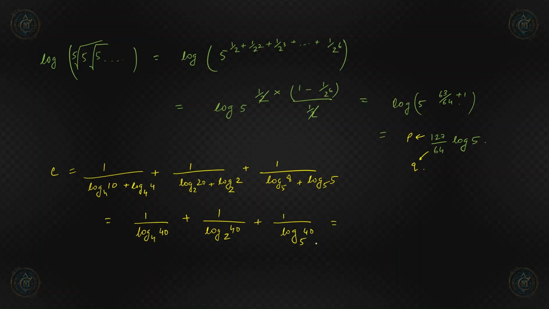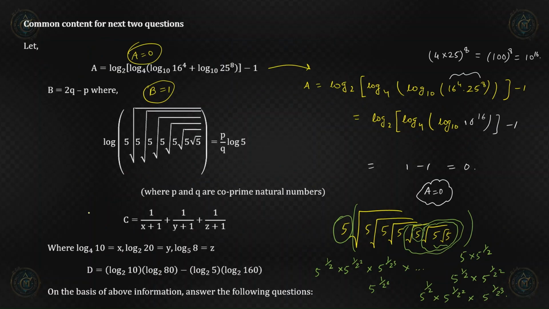Okay, so if we apply the reciprocal property of logarithm, we can write this as log of 4 base 40 plus log of 2 base 40 plus log of 5 base 40. Okay, so this becomes 4 times 2, so that is 8 times 5, so log of 40 base 40, this is equal to 1. Okay, so c is also equal to 1.